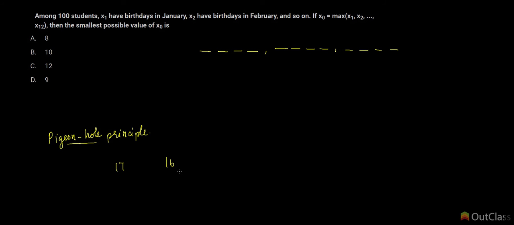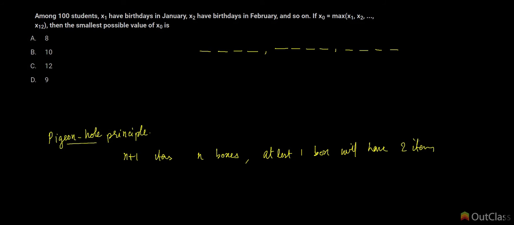You cannot accommodate 17. So to abstract it a bit more, if you have to throw n + 1 items into n boxes, at least one box will contain 2 items.